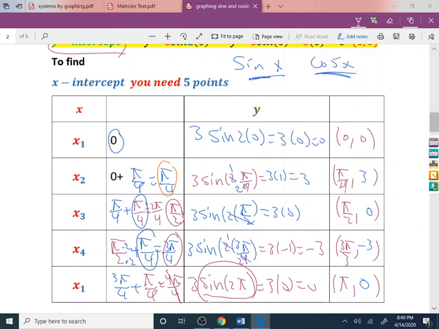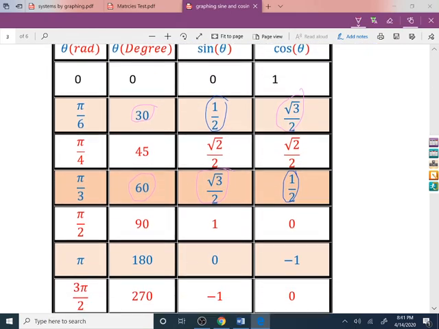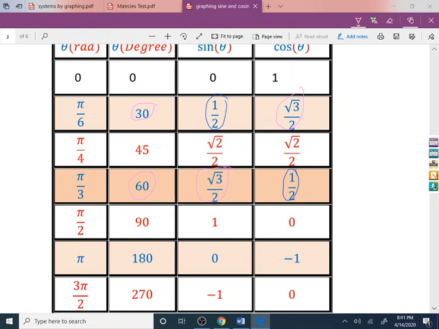Now I have my 5 points, I have the x-intercept, I have the domain, I have the range. I have to graph. Look to the table, okay, 1 minute, and I'm going to show you sine 2 pi equals 0. This is 2 pi, sine 2 pi equals 0. You see, theta and sine 2 pi equal what? 0.